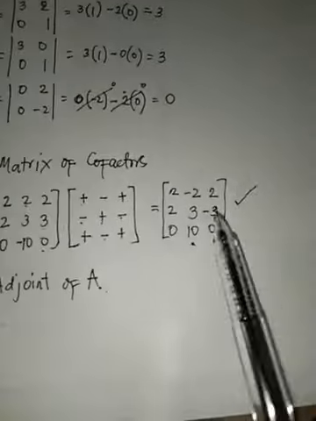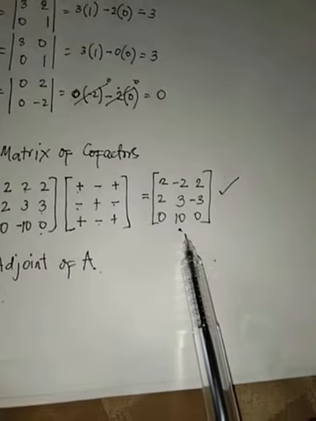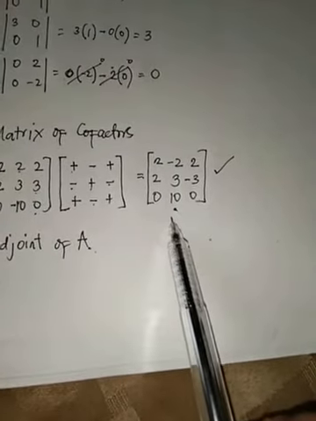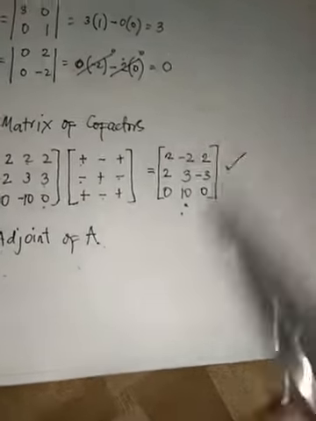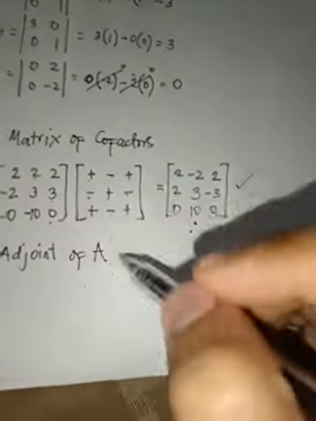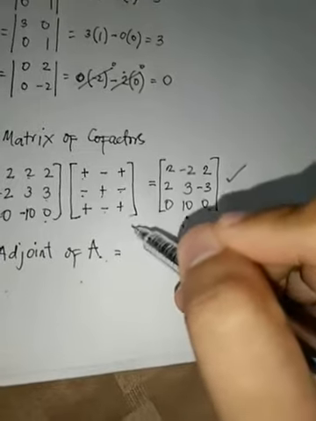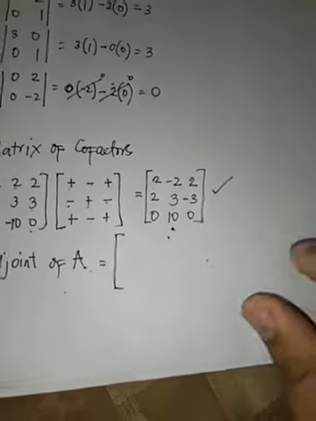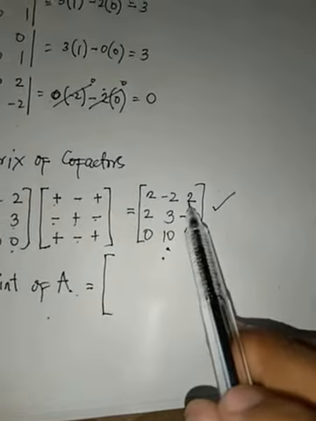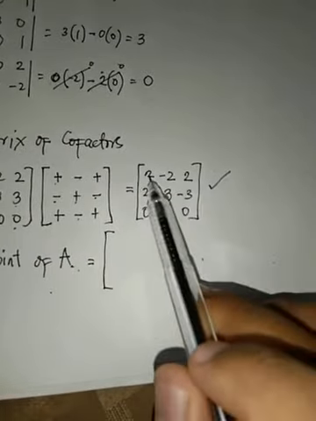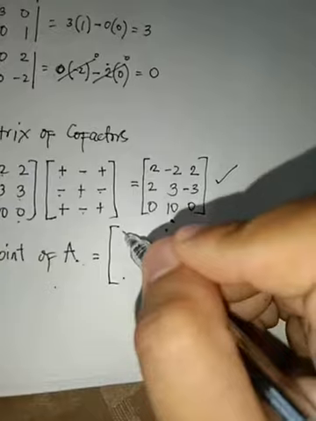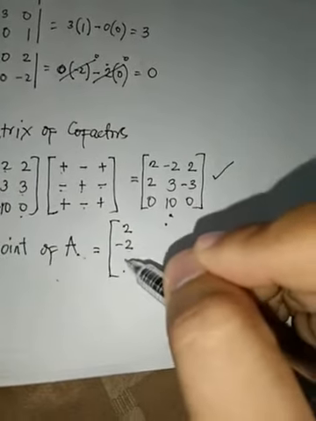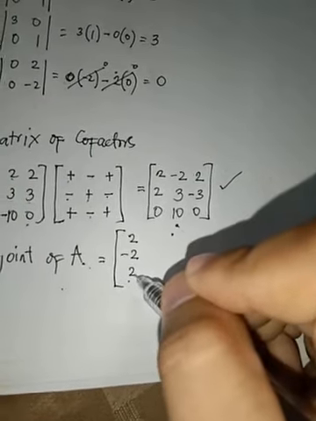Okay, so since ito man ang ating matrix of cofactors, i-transpose mo ito para yun yung ating result ng ating adjoint of A. Tama? So the adjoint of A now is, okay, so ito yung ating first row. So ang first row, gawin mong first column. So we have 2, negative 2, positive 2.